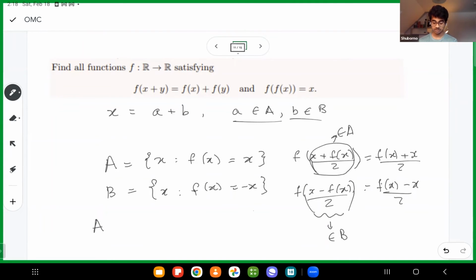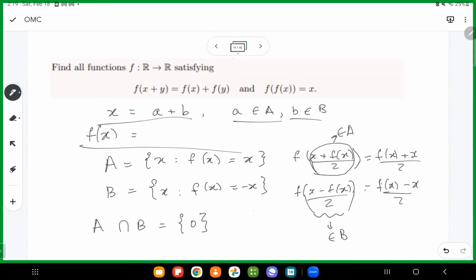And clearly A intersection B is 0. So you have this, then what is f of x in terms of A and B? It's a minus b. Yep. So this is actually the general solution.